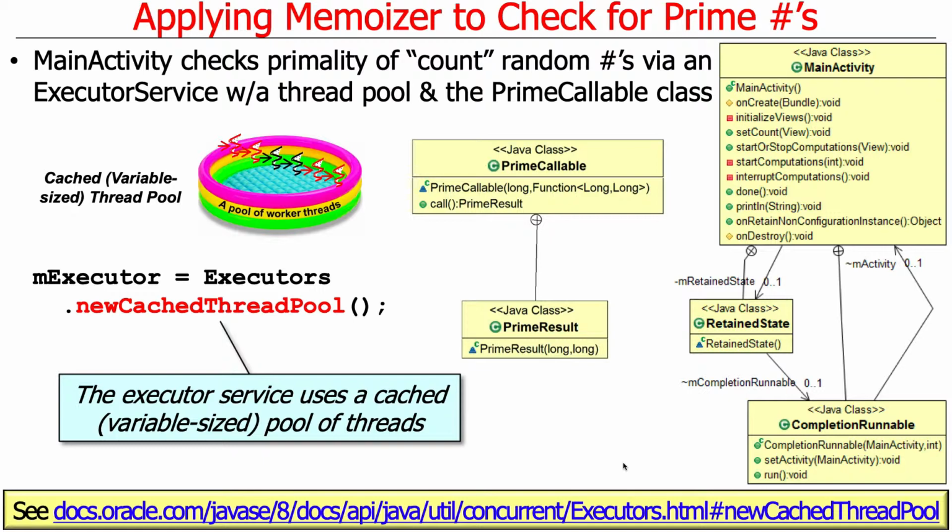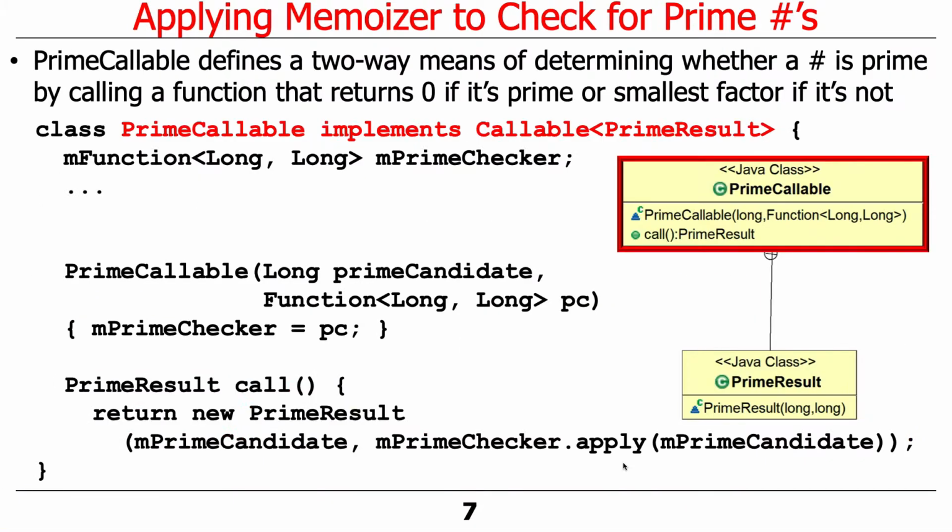So if the computations run very quickly, the threads will be recycled. But if the computations are prime and take a long time to run, it'll keep spawning threads. So it's actually probably not the best thing to use a cached thread pool. I just did it to show you how to do something a little different.